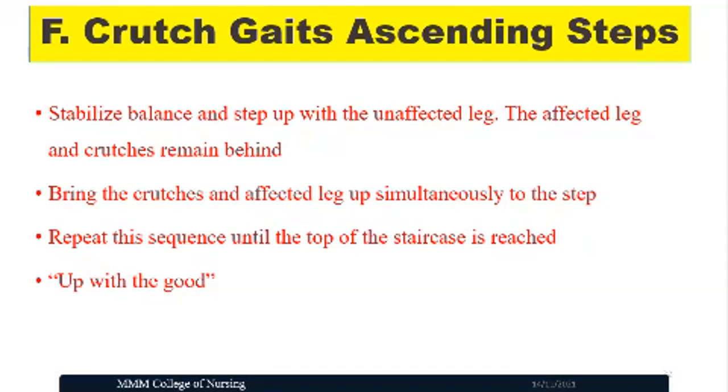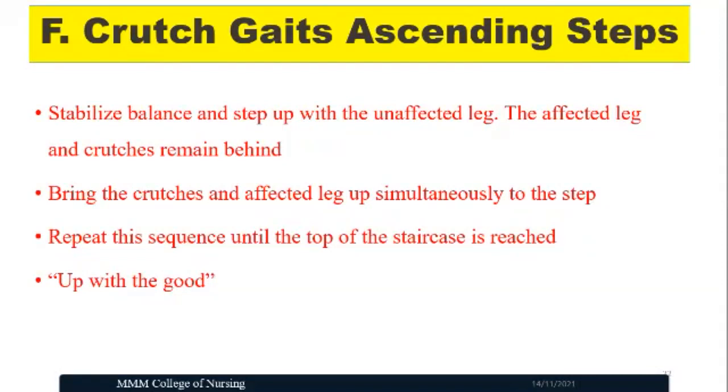Once the person climbs one step with the unaffected leg, then bring the crutch and the affected leg simultaneously up to the step. Repeat the sequence until the top of the staircase is reached. The simple thing to remember in ascending the steps is: always climb first with the unaffected leg. After that, bring the affected leg and crutches over the step.